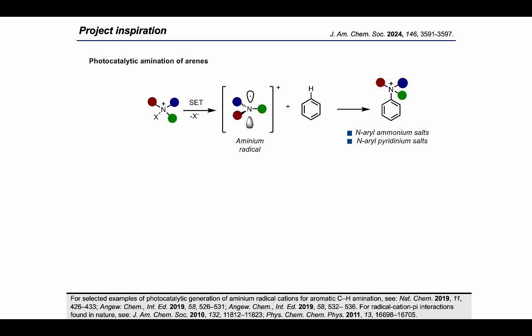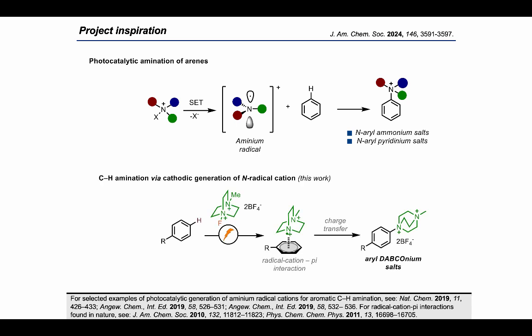This highly electrophilic species will then undergo regioselective radical addition with the arene to forge a carbon-nitrogen bond in a redox process. We hypothesized whether the generation of a reactive dicationic nitrogen-centered radical through an electroreductive strategy for aromatic carbon-hydrogen amination was possible using commercially available NF-ammonium reagents.